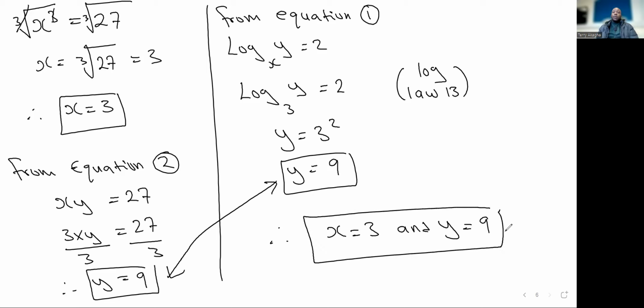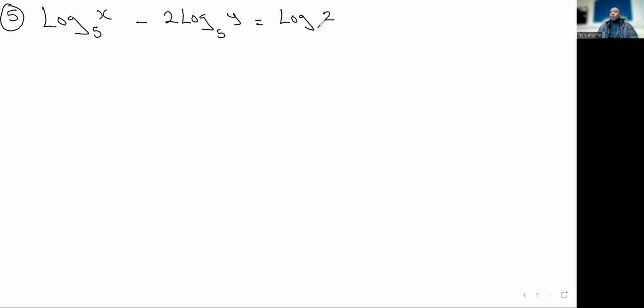Okay. And that is that for that. So let's step it up a bit. Let's assume we have this question here, number 5. We're told to solve this question to find x and y simultaneously. So log x to base 5 minus 2 log y to base 5 is equal to log 2 base 5.